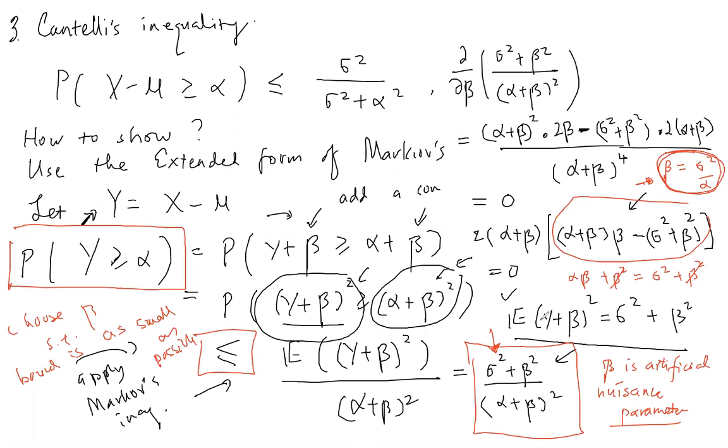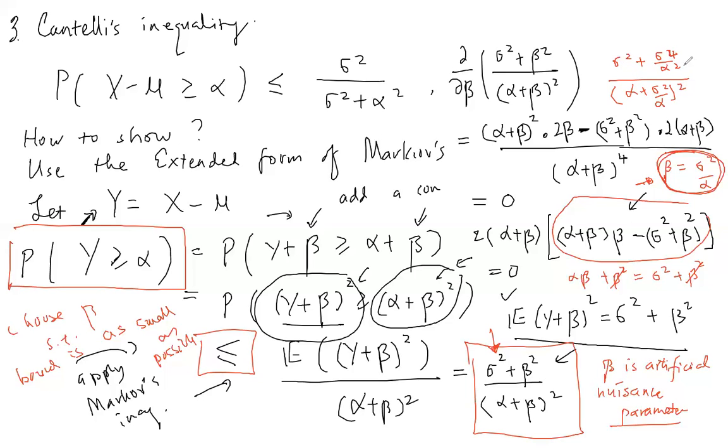So anyway, you substitute this inside, so you will get the bound as sigma square plus sigma square over alpha square. It's sigma power 4, yeah. Okay, because it's a beta square. So over alpha plus sigma square over alpha square, right?